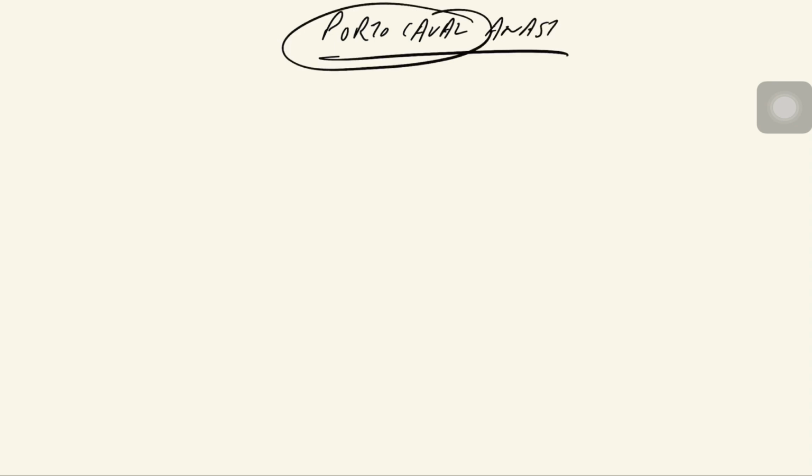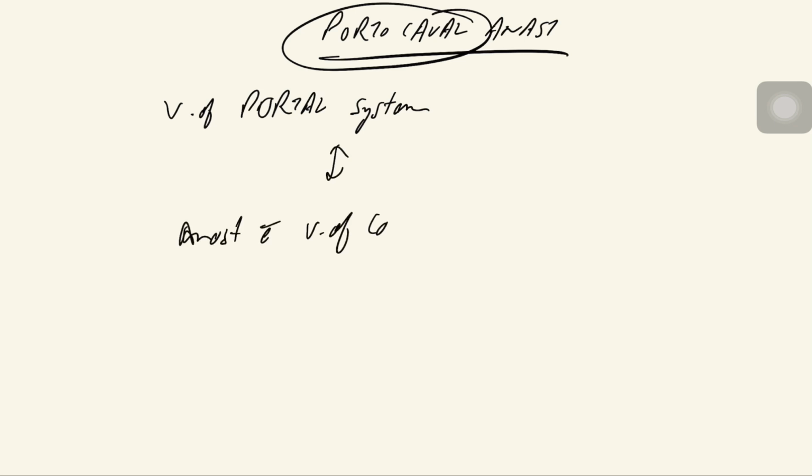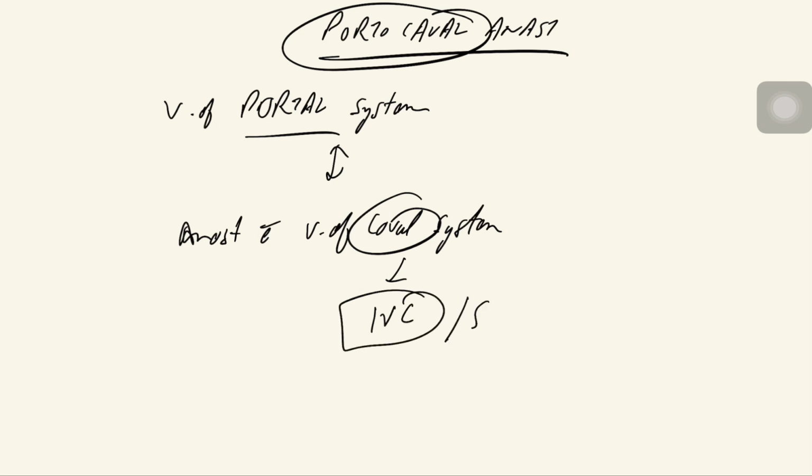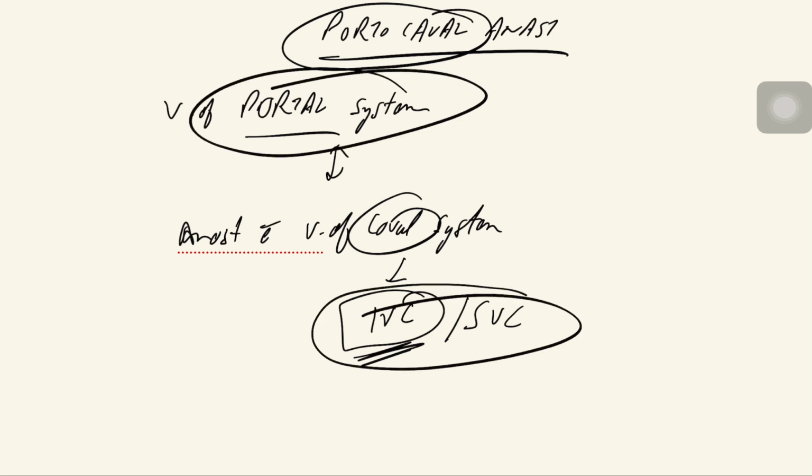These are the sites where the veins of portal system are forming the anastomosis with veins of caval system. That is portal vein with caval system, that is going to be IVC or SVC, but mainly it is IVC only. So caval system consists of IVC, SVC, portal system is portal vein.